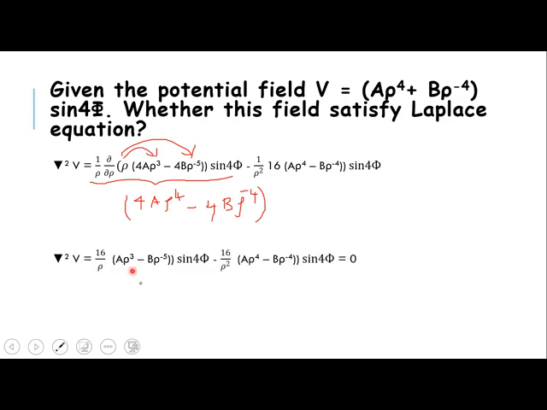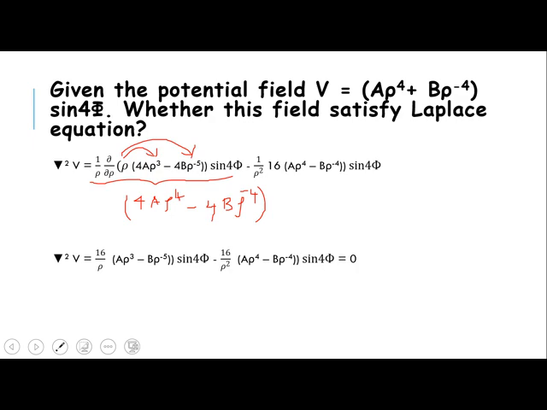So I get this. Clear? Minus 16 sine 4 phi. Now this will evaluate to 0, right? You can clearly see from the equation that this will evaluate to 0.